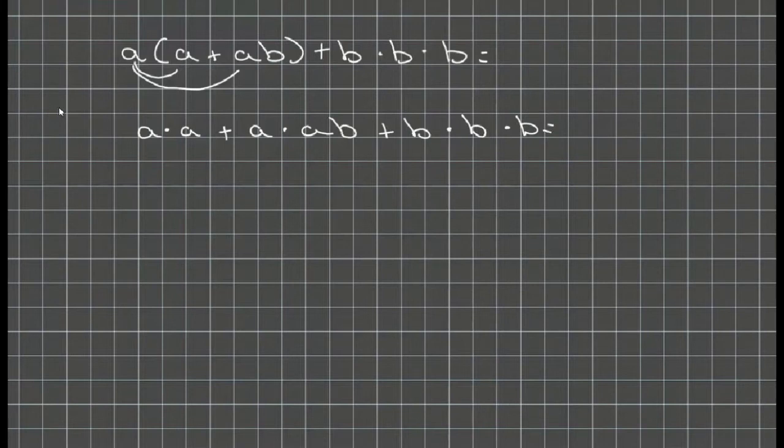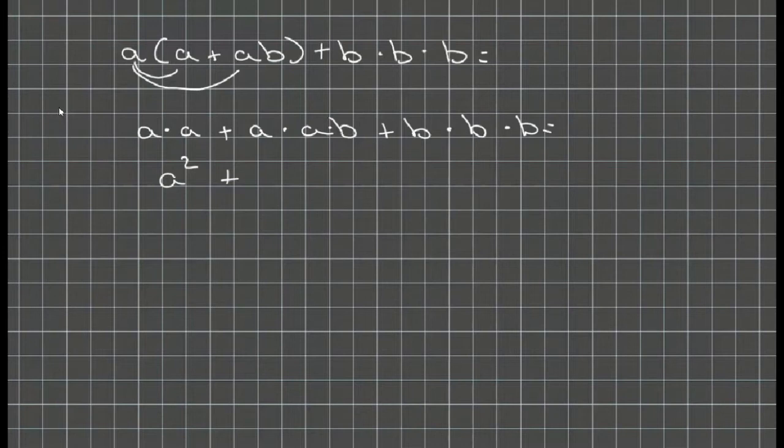Now I do the multiplications, and now here comes the powers. So a times a, I would write that down exactly like 2 times 2, which means 2 squared. So a times a gives me a to the power 2. Now I have a times ab, and this may sound a bit weird, but it works exactly the same. There's actually a multiplication sign here.